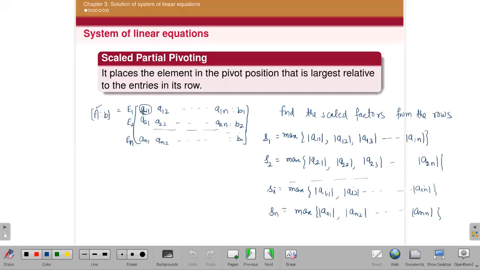For this, take the ratio of the first column entries and the corresponding scale factors. The first column entries are A11, A21, A31, and so on up to An1.